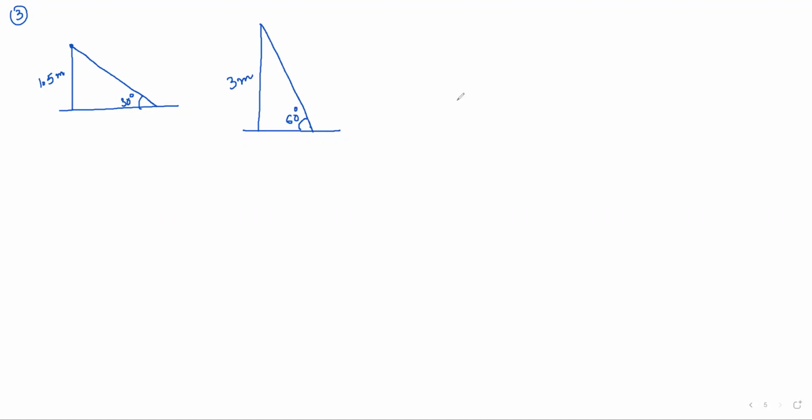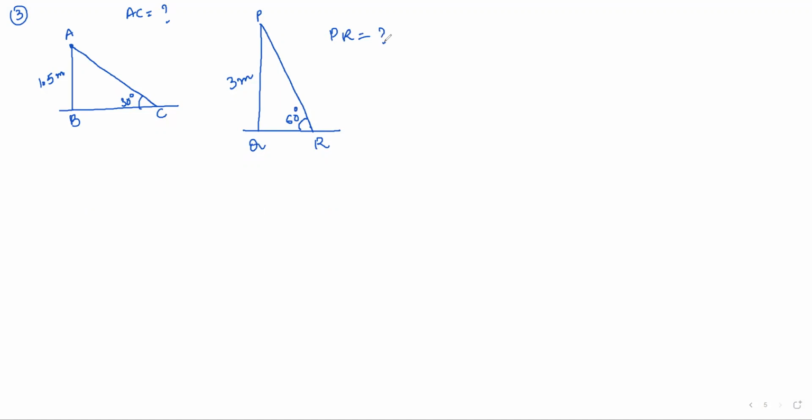So length of the slide means this one. So if I give some name ABC, so length of the slide is AC and this is, let's say, PQR. So length of the slide is PR, right? So you want to find AC and here you want to find PR, right?